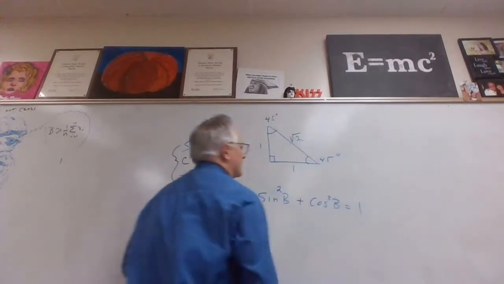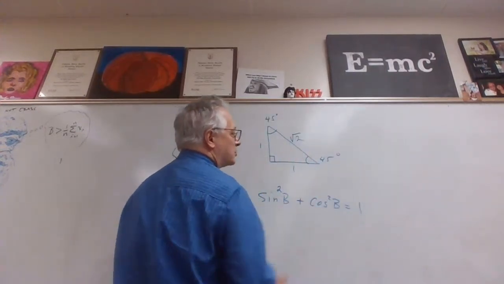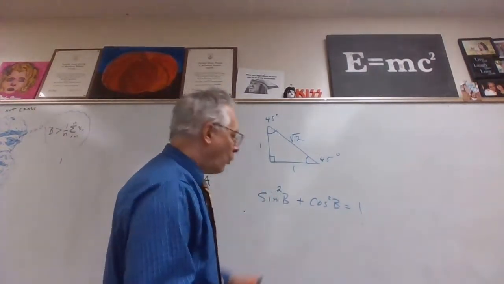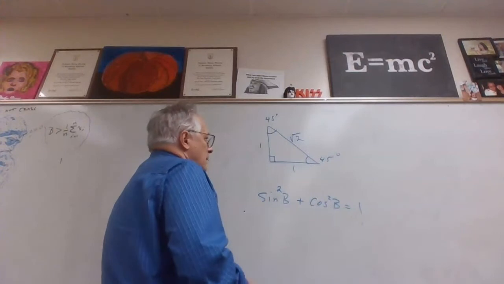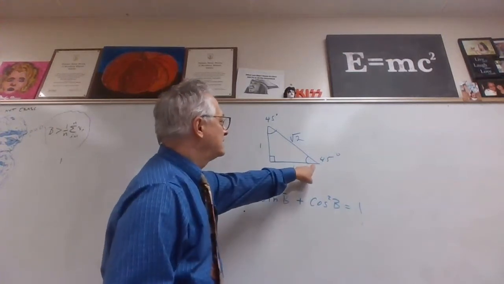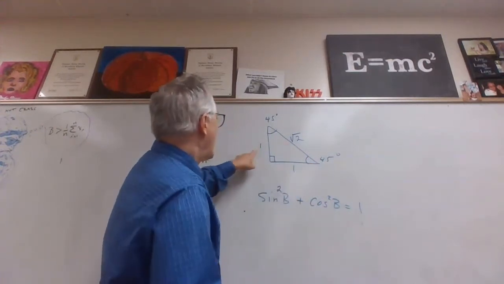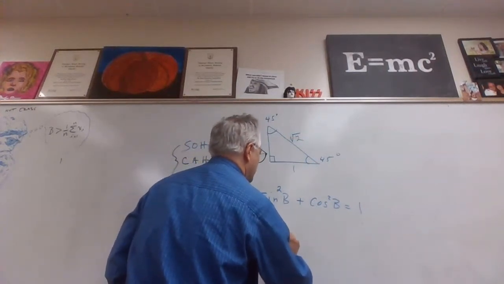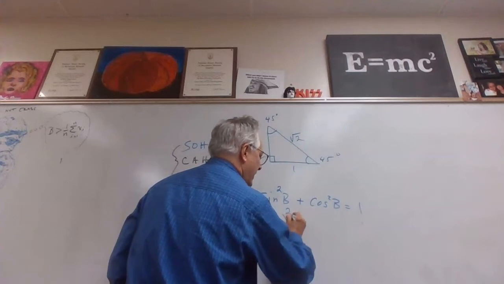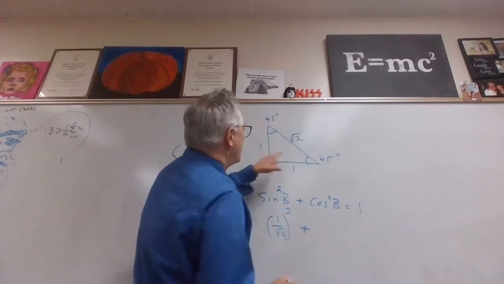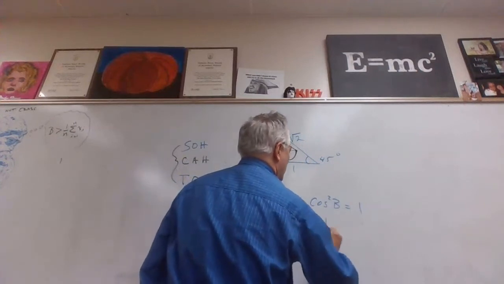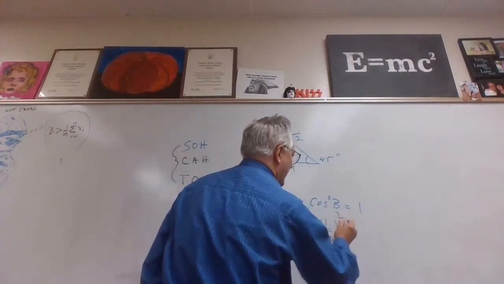Now, we're going to prove to ourselves that the sine of an angle squared plus the cosine of an angle squared is equal to 1. Let's take a look at this angle. The sine is opposite over hypotenuse, 1 over root 2. I'm going to square that, plus the cosine, adjacent over hypotenuse, 1 over root 2 squared.